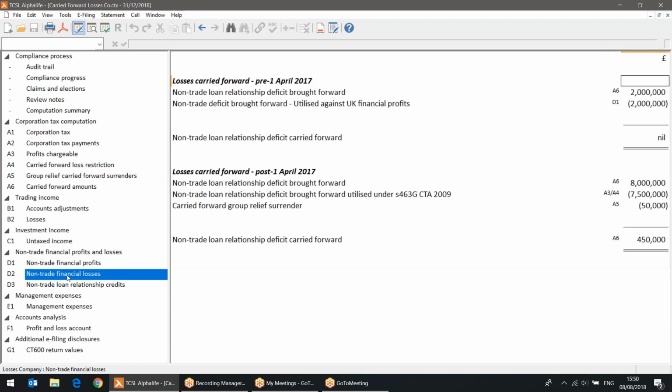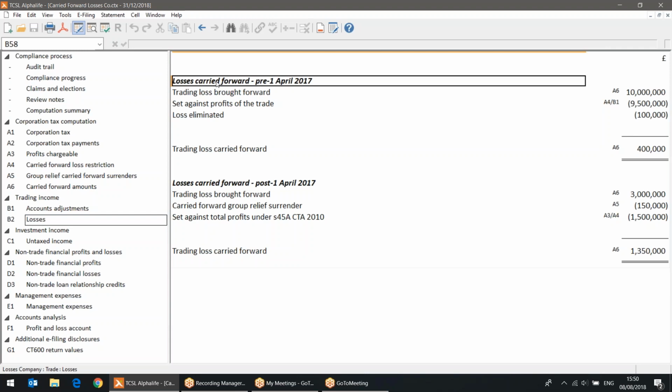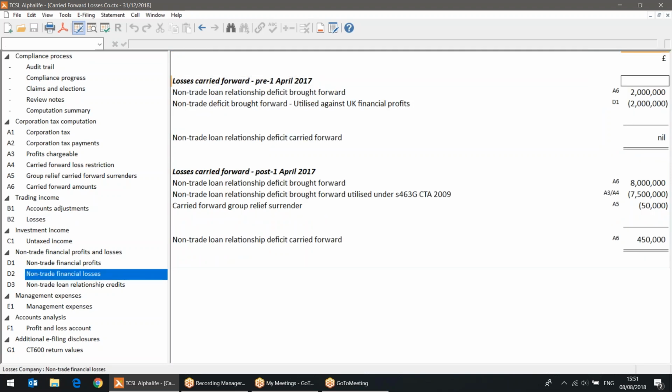Now, we will look at the pre-1 April 17 offsets first. For losses where streaming is relevant, pre-1 April 17 amounts will continue to be used broadly as before. And so where you have any, you will see trade losses brought forward continuing to be offset against profits of the same trade, and non-trade financial deficits brought forward being offset against non-trade profits.